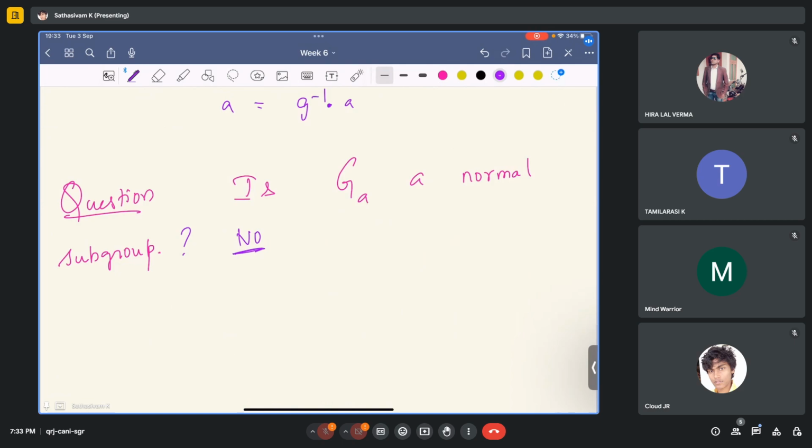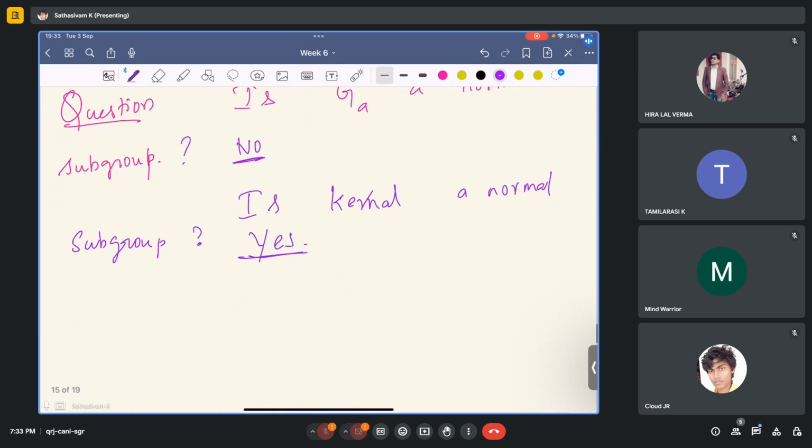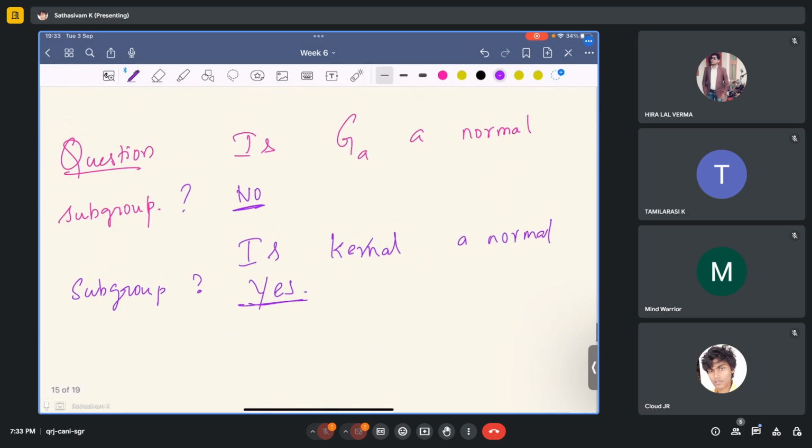But if you look at the kernel, the answer is yes. And in fact, there is a relation between the kernel and the stabilizer.